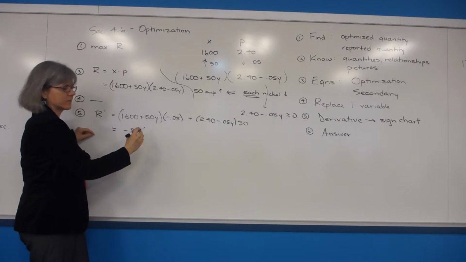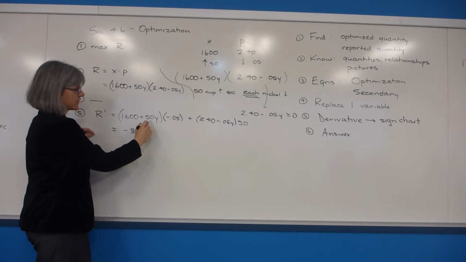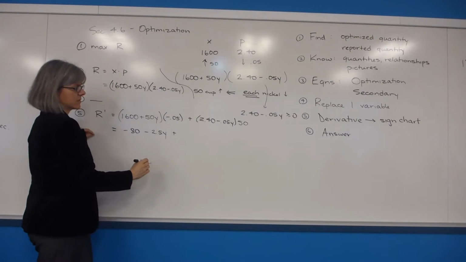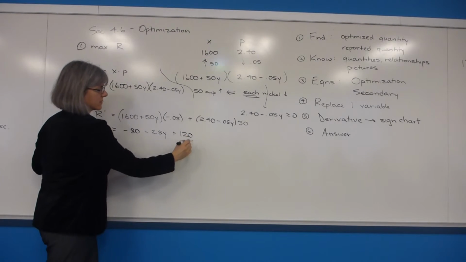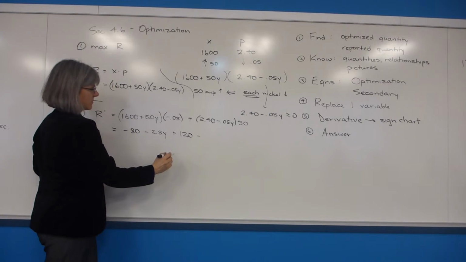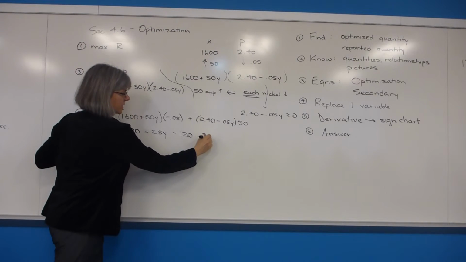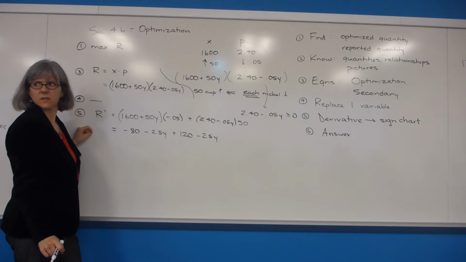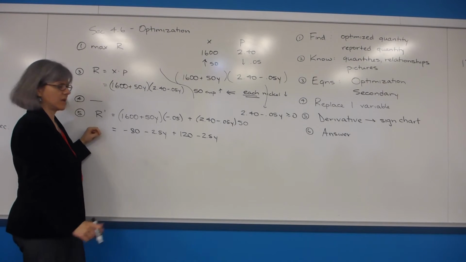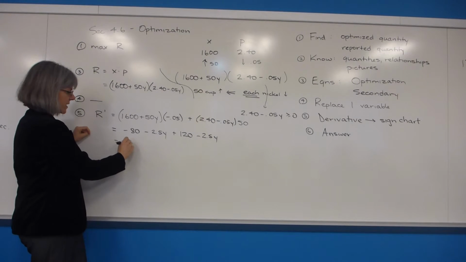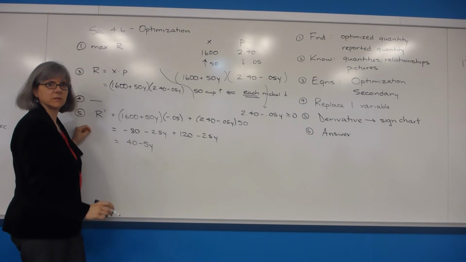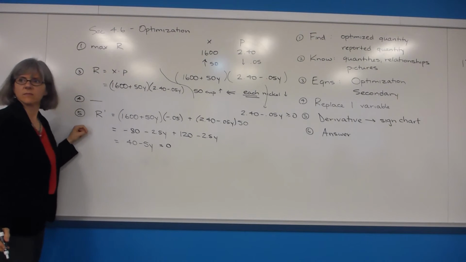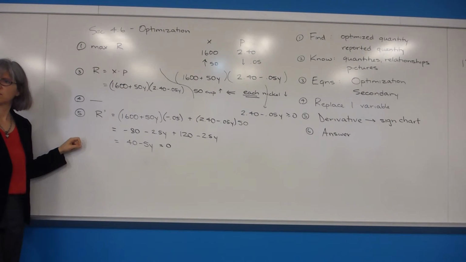Then minus 2.5Y. Then 240 minus 2.5Y, since 50 times 0.05 is 2.5. Altogether I get 40 minus 5Y.